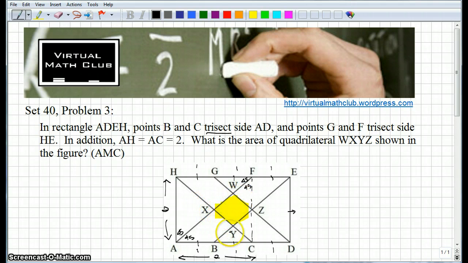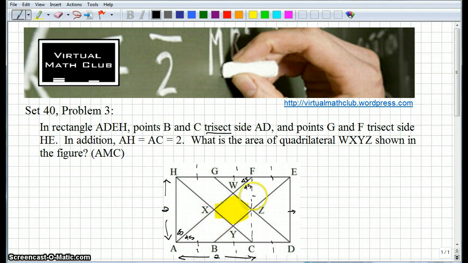And so what else can we do here? Oftentimes a good way to solve these problems is to break the shape up into congruent shapes. So what I'm going to do here is draw some more parallel lines.